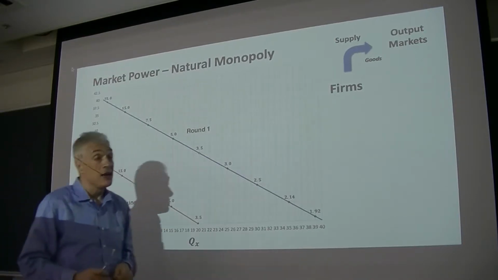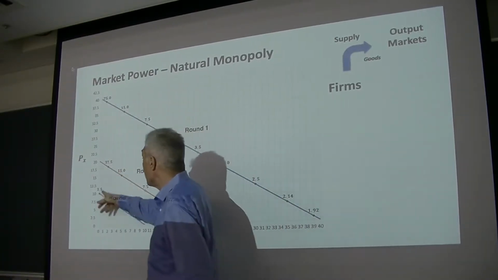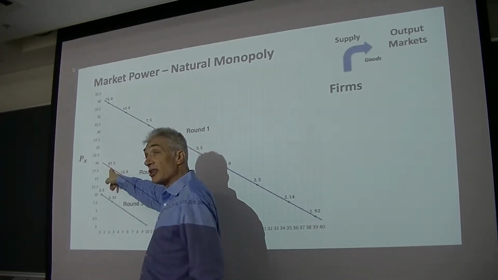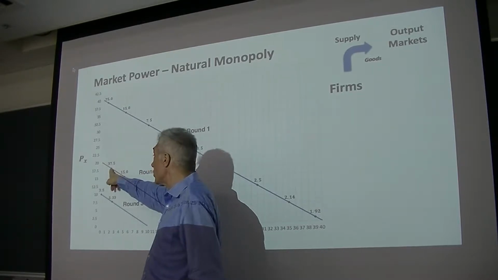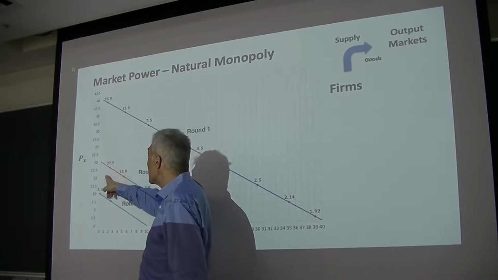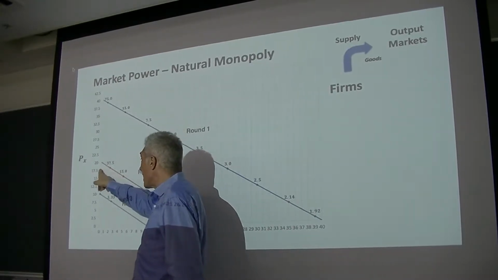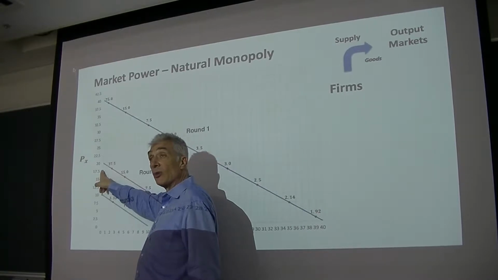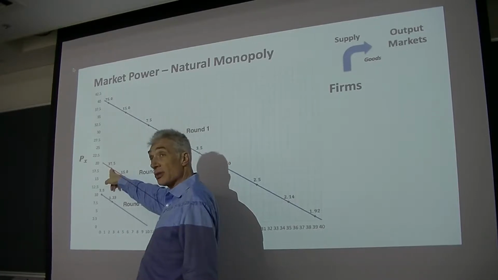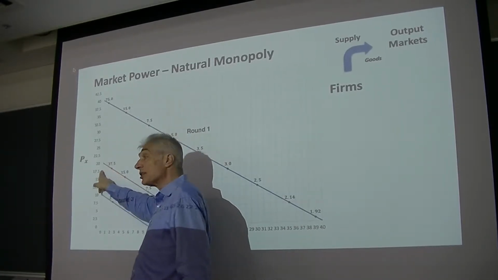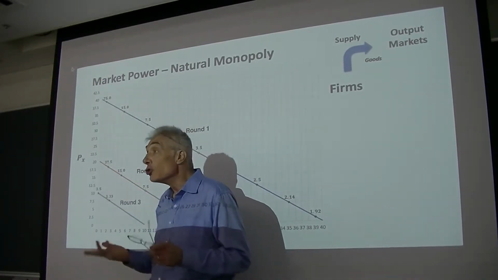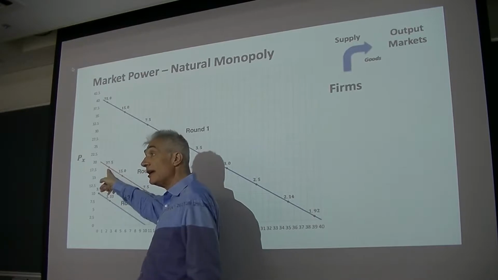Now you can see that 2 units of the good has an average cost of 37.5 for firm 2, and the average price that firm will receive is 18. So if it produces 2 units of the good, it loses money. That's how you can read this chart.